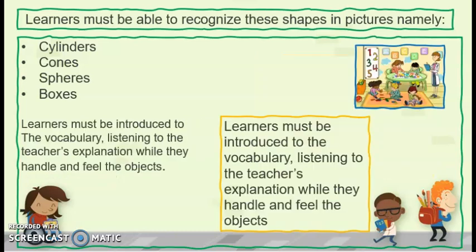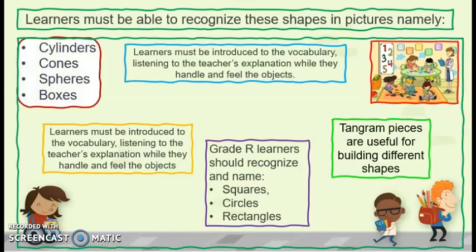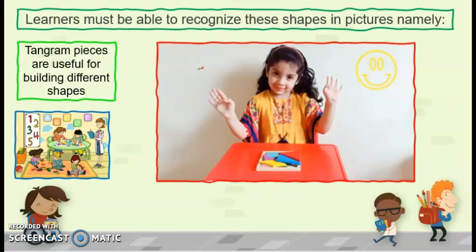Learners can also construct different objects using concrete media such as boxes, Unifix cubes, and building blocks that could be from wood or plastic. Grade R learners should recognize and name squares, circles, and rectangles. Tangram pieces are useful for building different shapes. Let's watch this video.